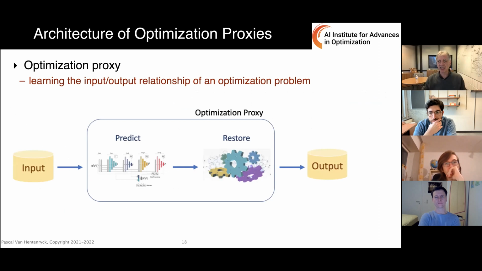And the architecture that we are really using now is one where you have a machine learning model which predicts what the output can be. But obviously, it is not going to completely satisfy all the constraints. That's not possible. But you have a second step here, which is feasibility restoration. And then you get the output. But even inside the machine learning algorithm, we are going to introduce the constraints of the system.